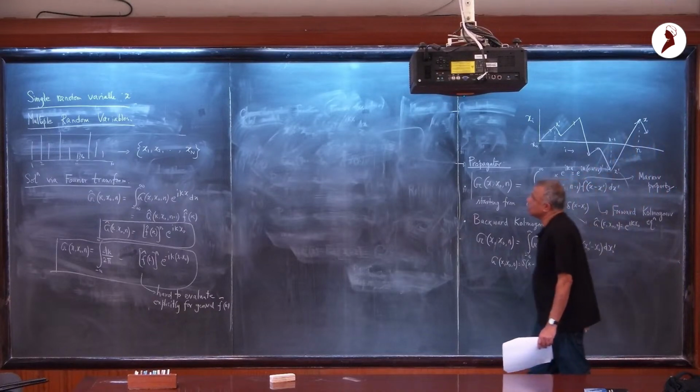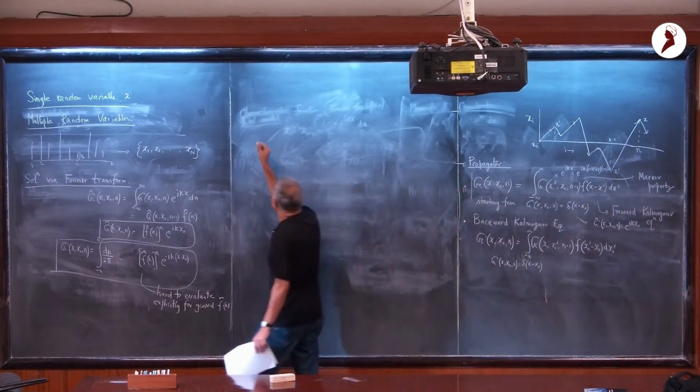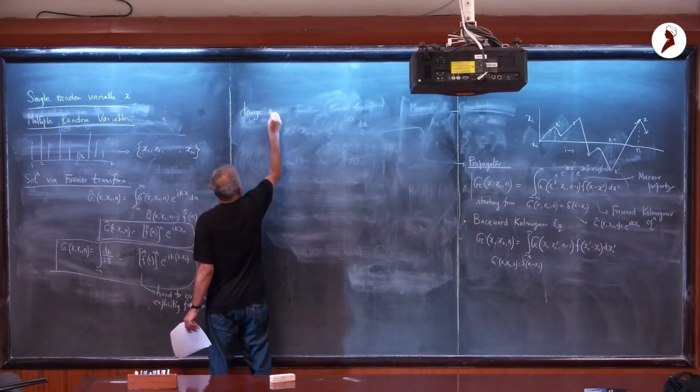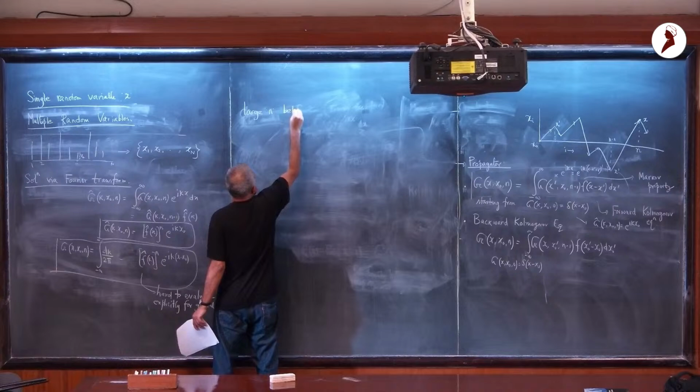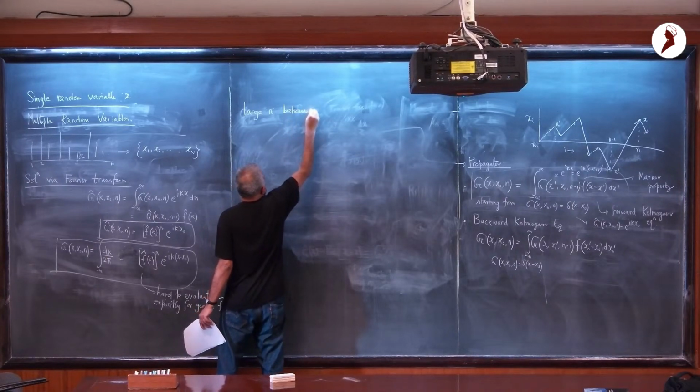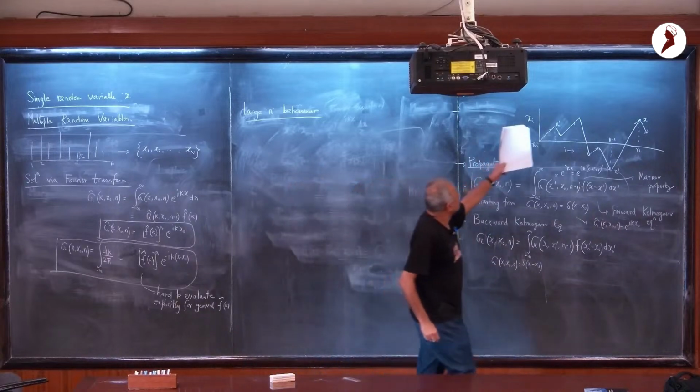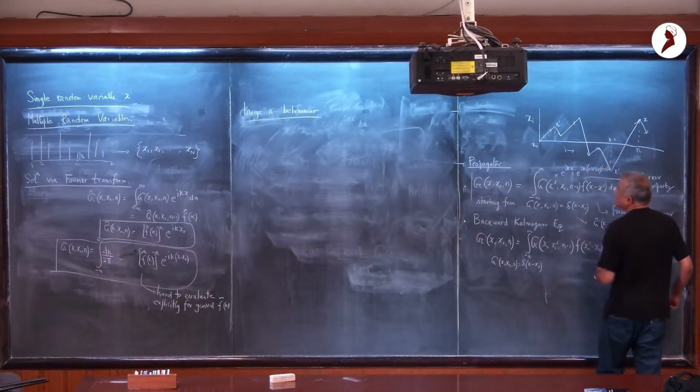So can we extract the large n behavior? I'm asking, after a long time, where is this particle likely to be? What's its distribution?